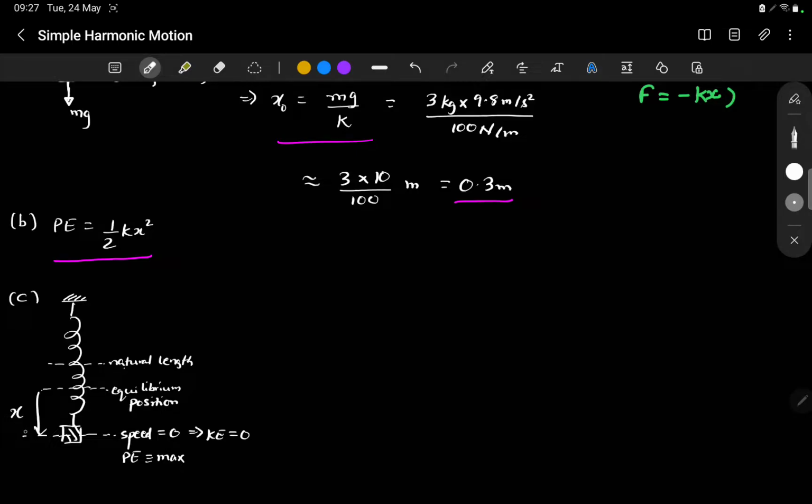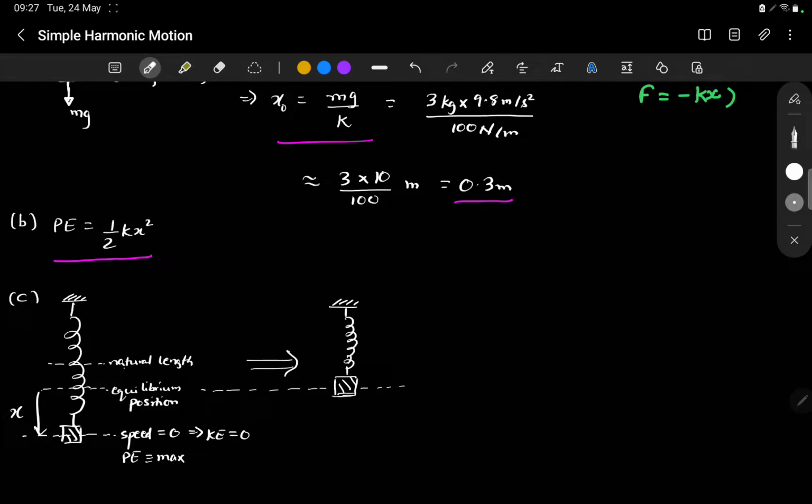Okay, so we have pulled it downwards by a certain distance. Potential energy over here is the maximum because this is the amplitude of oscillation that we will have. Then after releasing, the block is going to rise upwards up to its equilibrium position.